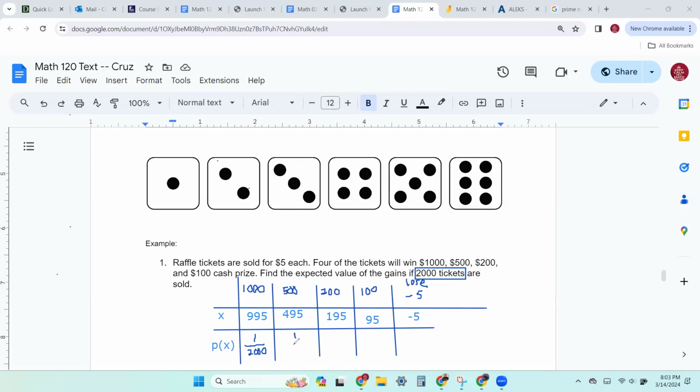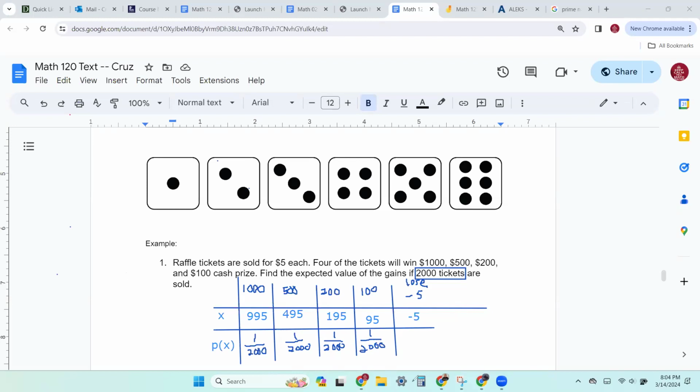And then all of the prize ones will be the same, 1 out of 2,000, because there's only one ticket of each. There's 4 winning tickets, 1 ticket each. So each of these has the same probability of being won, 1 out of 2,000.